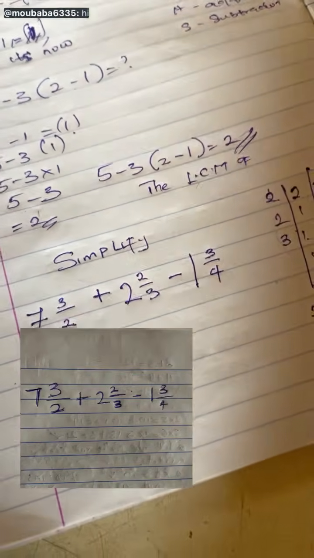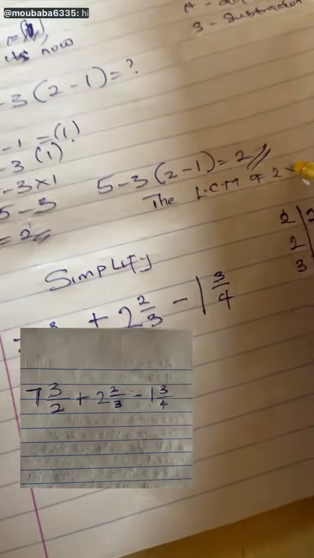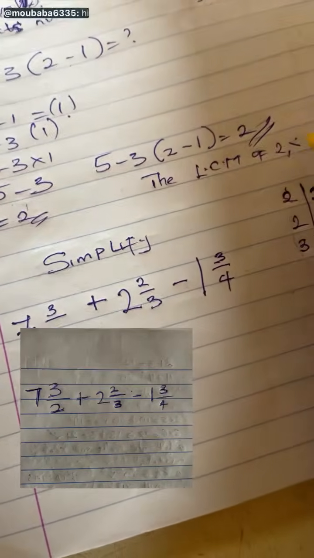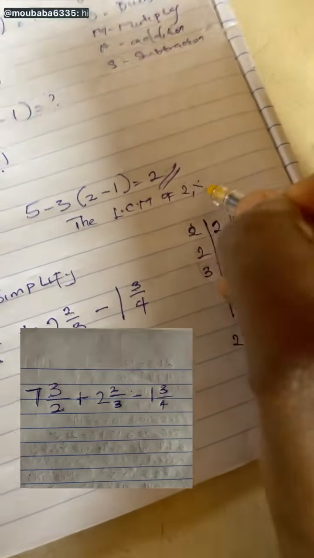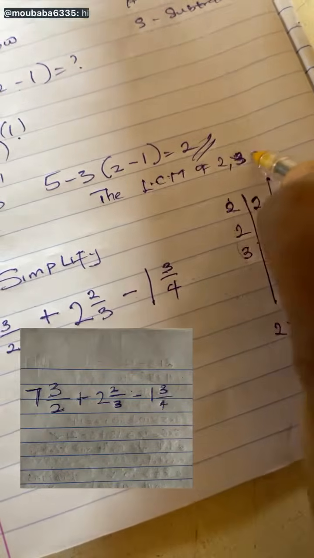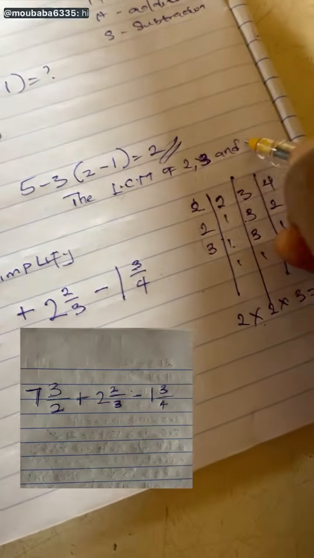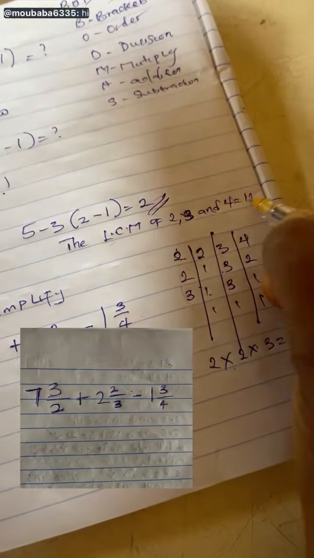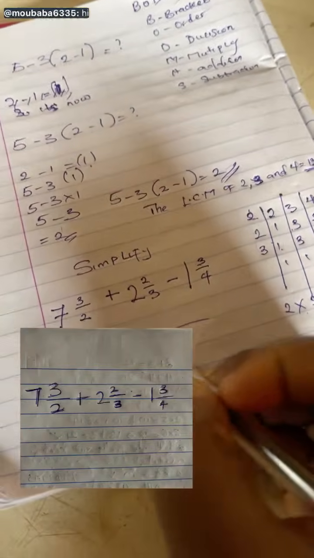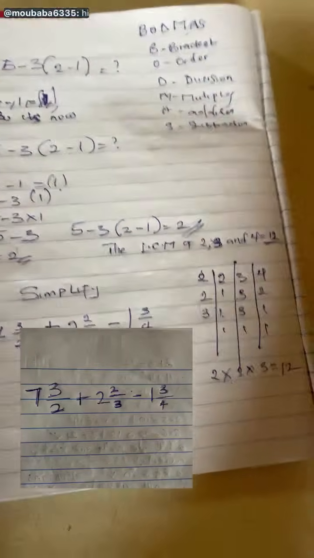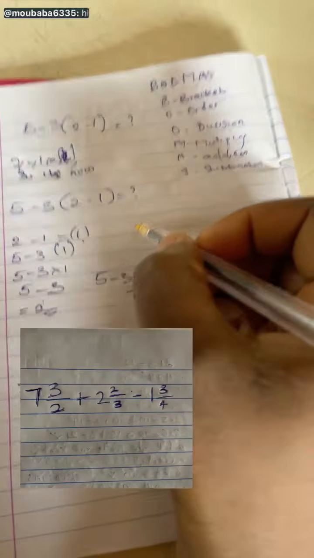So the LCM of 2, 3, and 4 is 12. In case you don't know what LCM means, it means lowest common multiple.